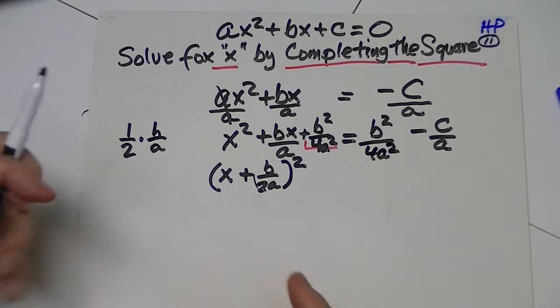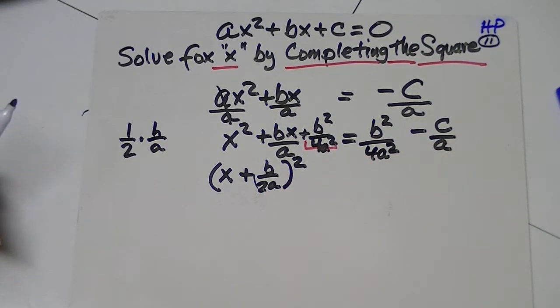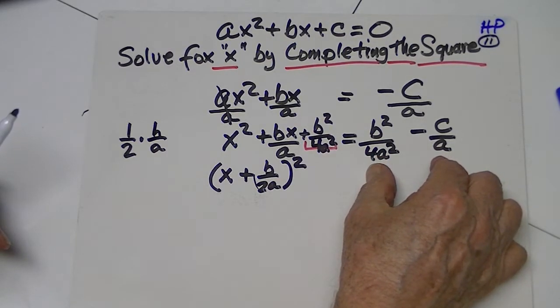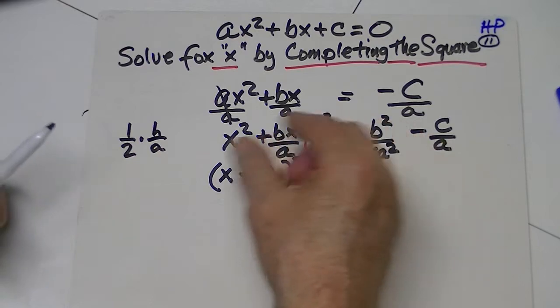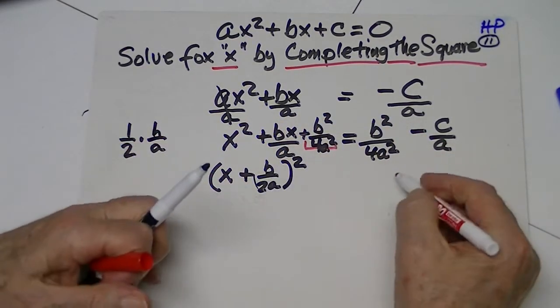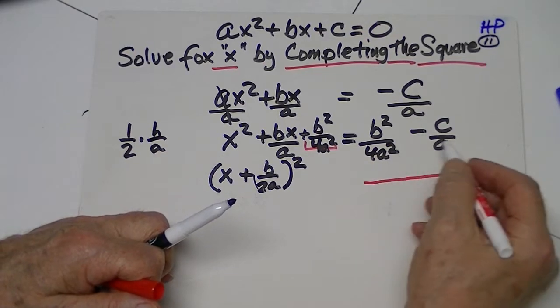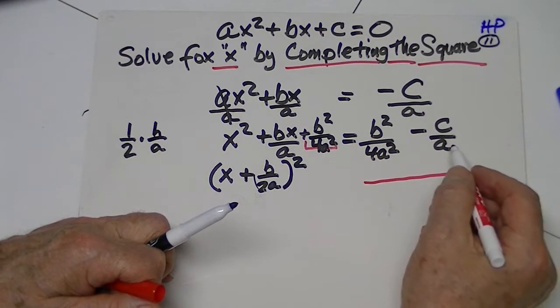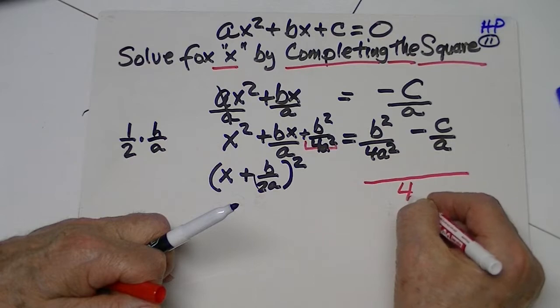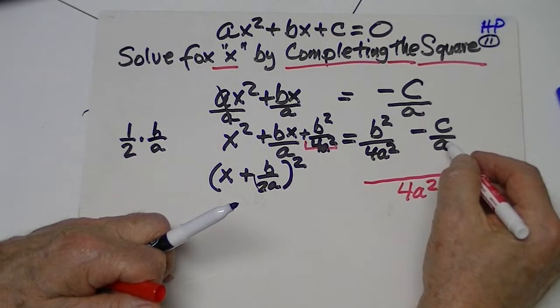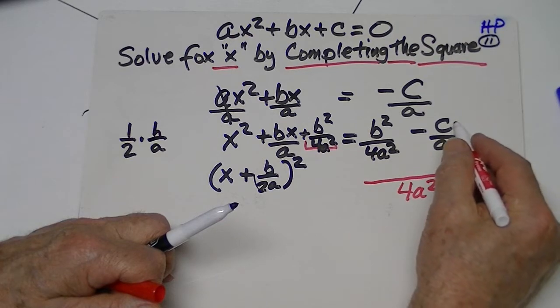Now here we have a situation where we have to, in a sense, subtract these. In order to do it, we must have a common denominator. So between a 4a squared and an a, our common denominator is 4a squared. So what must we multiply this a by?